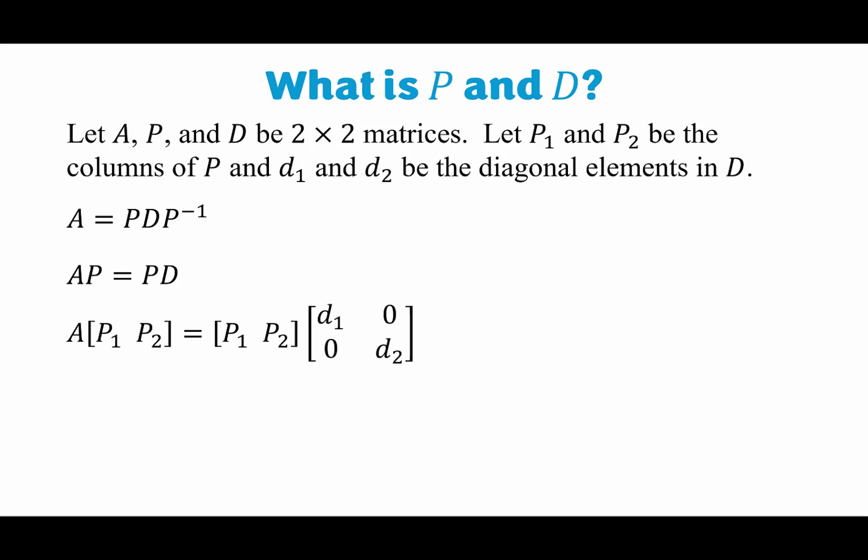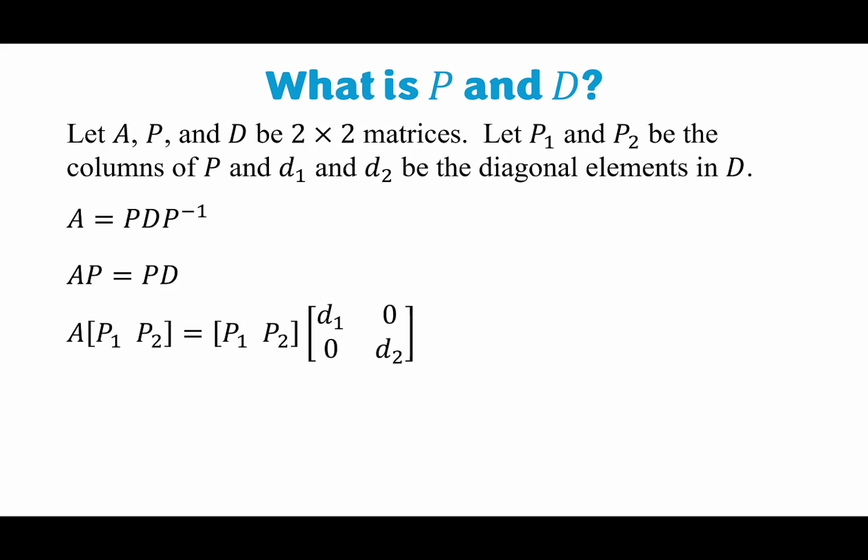Now we see that the left side of the equation is just a matrix multiplication, and by definition that's doing several matrix vector multiplications to get the new columns of the resulting matrix. So the left side turns into the first column being A times P1 and the second column being A times P2. Then the right side of the equation, remember, this is just a matrix times a diagonal matrix, which we showed earlier to just be scaling the columns of our left matrix.